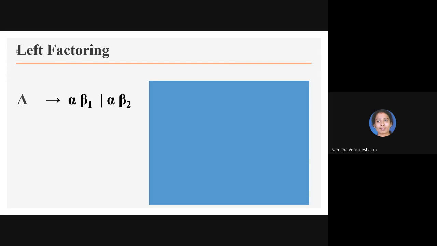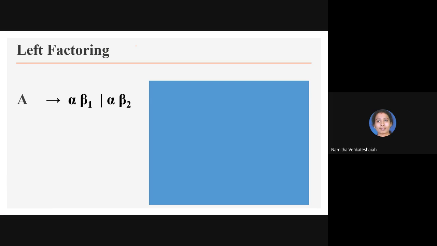Left factoring means you have two productions from this grammar A. Okay, one is alpha beta 1, one is alpha beta 2, maybe alpha beta 3, alpha beta 4, whatever. The first term is always the same, alpha, but the second term is getting changed. So what happens? I will have a problem. What kind of problem do I have?